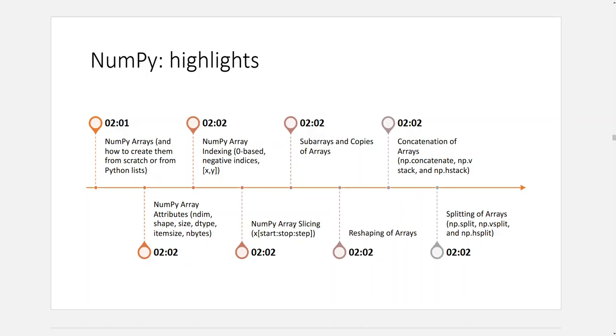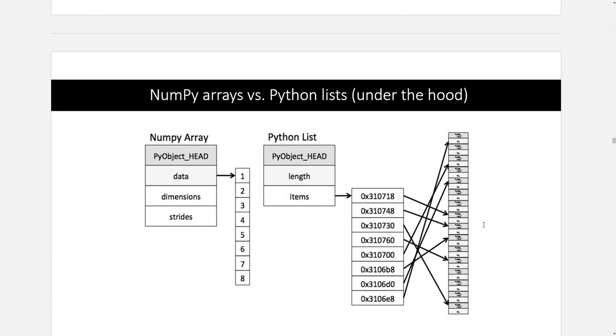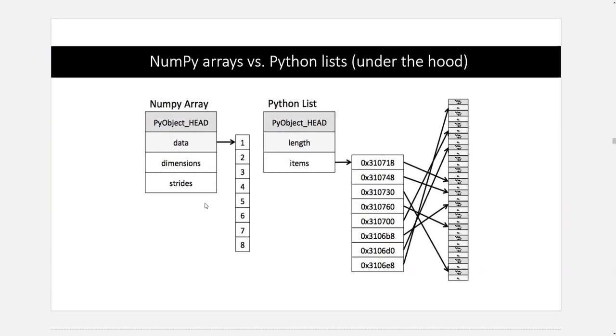I can slice the arrays up, I can reshape them, I can split them. I've got functionality associated with each of them. Okay. So, as I said, NumPy, contiguous in memory. That's our array. Python list, well, there it is. And they all point to different places in memory. It's all over the place.